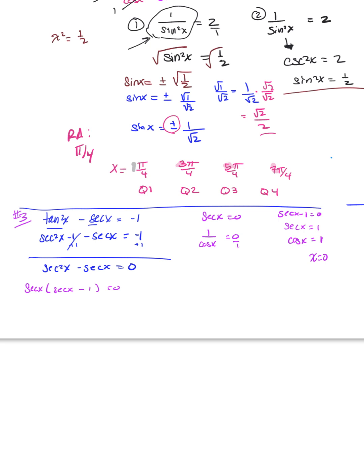So if I put this over 1 and flip it, I get cosine x equals 1 over 0, and that's undefined. So this will never happen. So this will never be part of it. And so your only answer is x equals 0. So pay attention to those reciprocals of zeros.